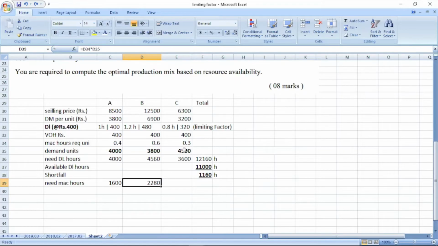And we need 0.3 machine hours to produce one C product, so 0.3 into 4,500, it is 1,350 hours. The total machine hours we need is 5,230 hours.